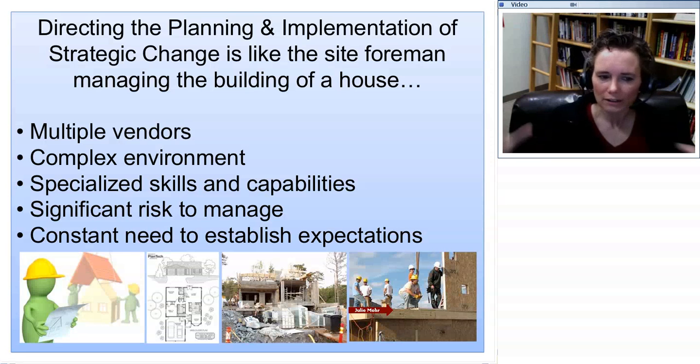So everything around the risk of managing something so complex, the skills and capabilities that are required to do all of this is what is under the control of the directing portion of a planning and implementation of a strategic change.